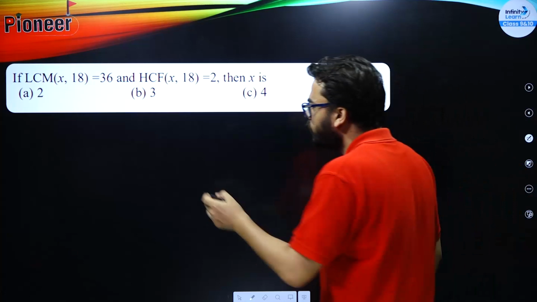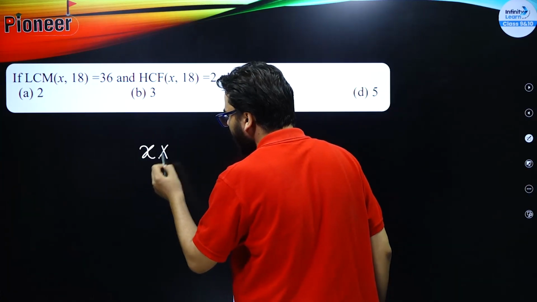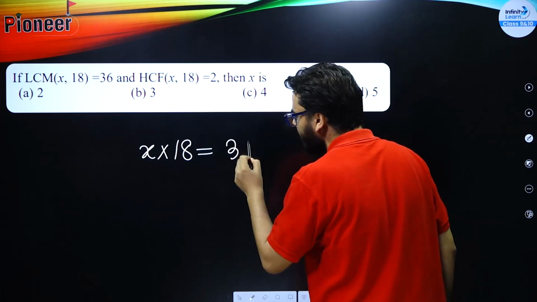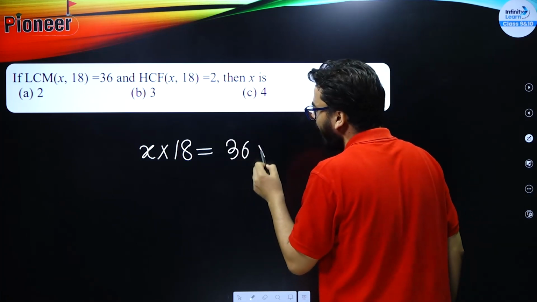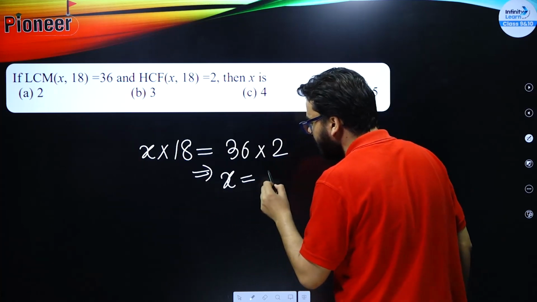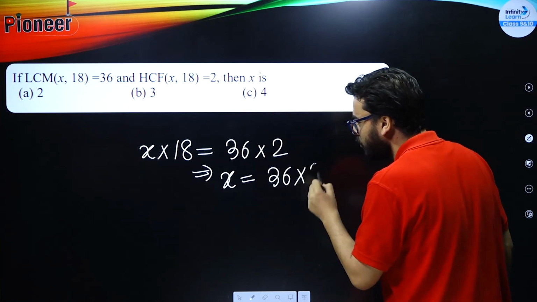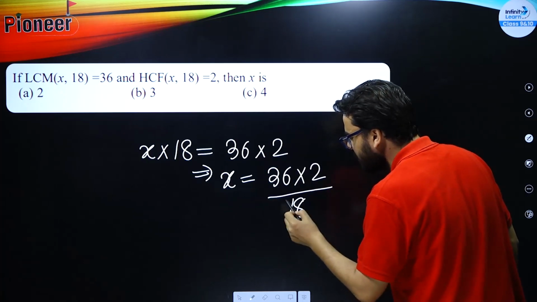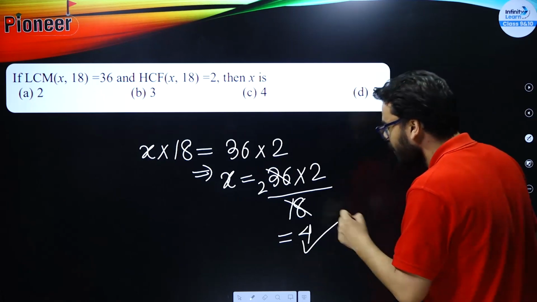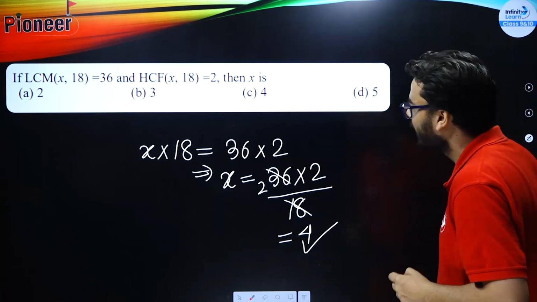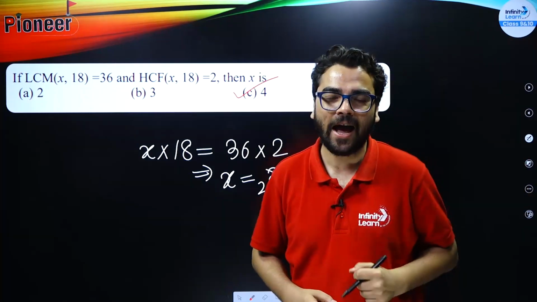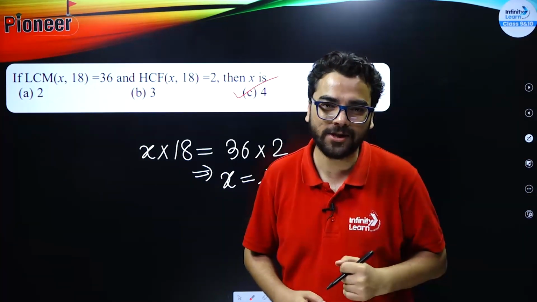So the product of two numbers, that is X into 18 over here, is equal to the product of their LCM and HCF over here. So what is the value of X, guys? X will be equal to 36 into 2 by 18. So that is what? 4 over here. So 4 is the answer, because the product of two numbers is equal to the product of their HCF and LCM. I hope this is clear to every student watching this video.